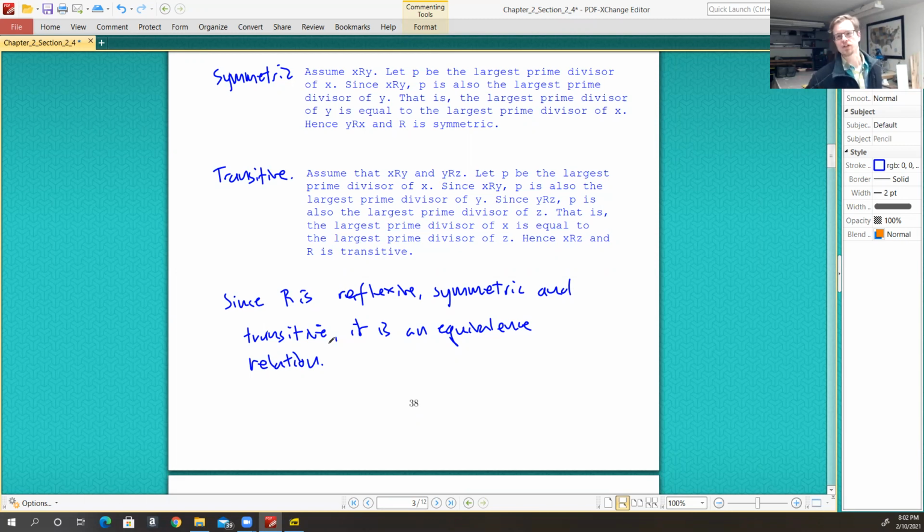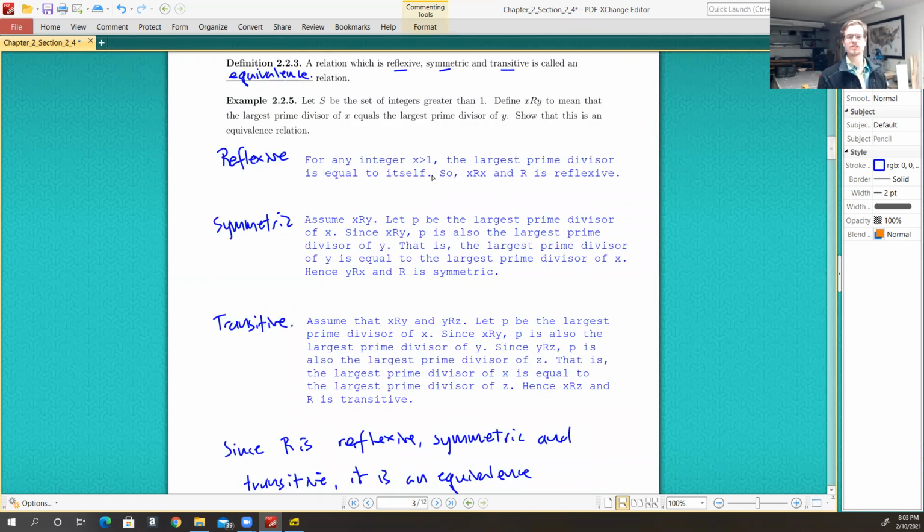Of course, I can see that you might show that a relation satisfies these three properties, but I don't know if you're doing it because I said to do that, or because you understand that those are the conditions required to be an equivalence relation, okay? And by making the statement at the bottom, that it has these properties, so it is an equivalence relation, that tells us that you understand why you just showed what you did. So we showed this because these are the conditions required for it to be an equivalence relation.